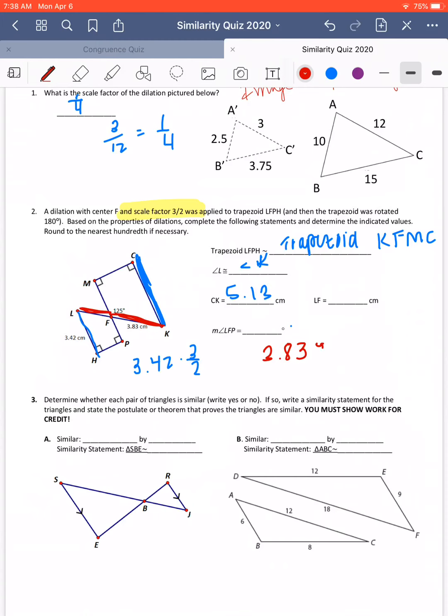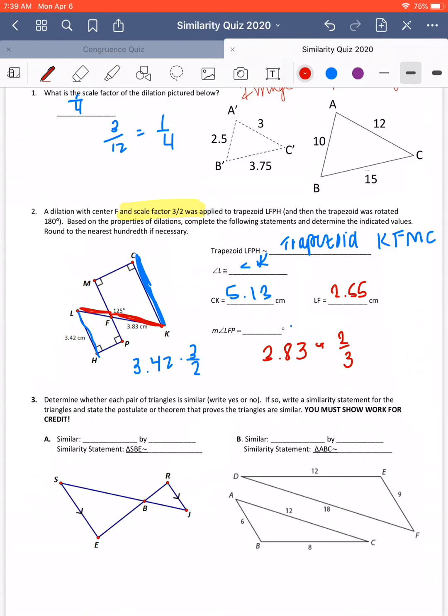So I'm going to change the scale factor to 2/3 because I'm getting smaller, so I want the smaller number on top. So 2/3 times 3.83, and I get 2.553 repeating. It says nearest hundredth, so 2.55.